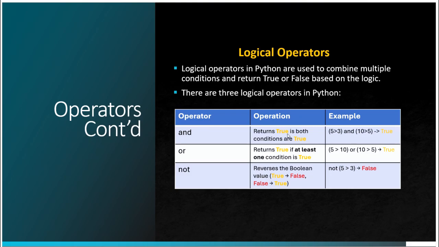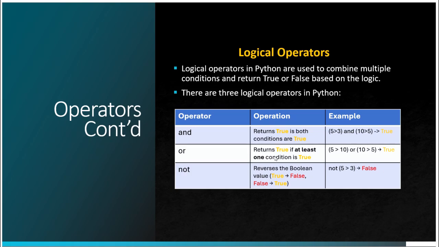It returns true if both conditions are true. So if you are defining two conditions, like if 5 is greater than 3 and 10 is greater than 5, then only return the value as true, right? If these two conditions are met, only then will the answer be true.